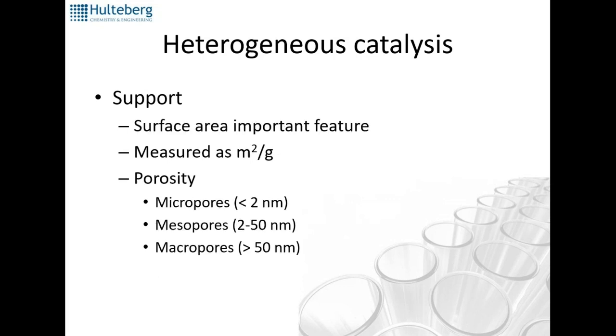As I said, the surface area is really important, so we measure that. Square meters per gram is the measurement we normally refer to. To achieve a high surface area, we need high porosity. We differentiate porosity into micropores, which are smaller than 2 nanometers, mesopores between 2 and 50 nanometers, and macropores larger than 50 nanometers.